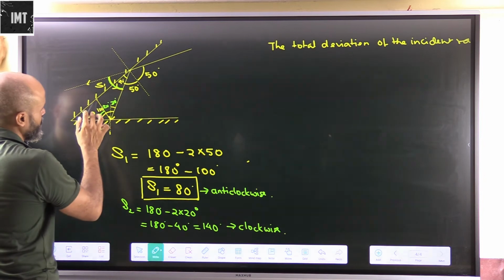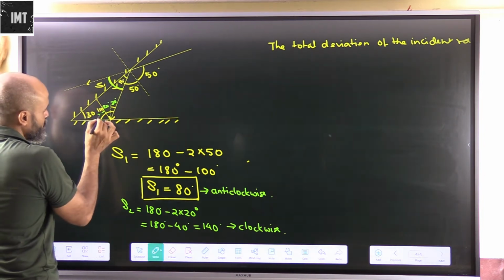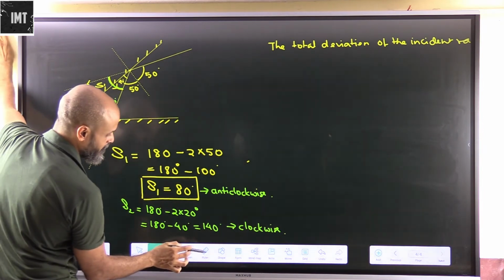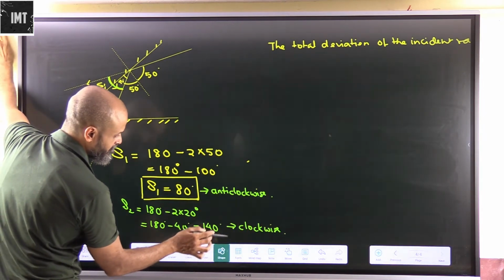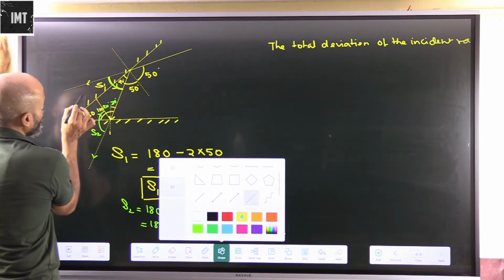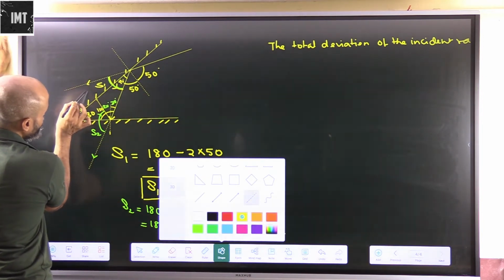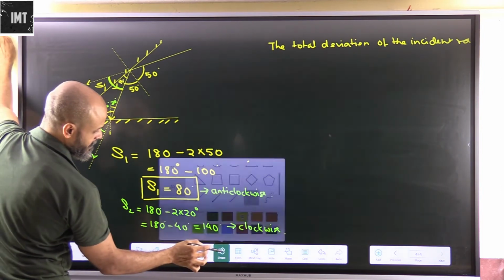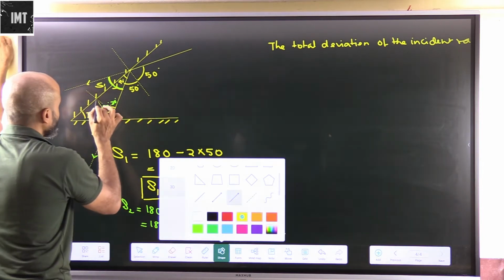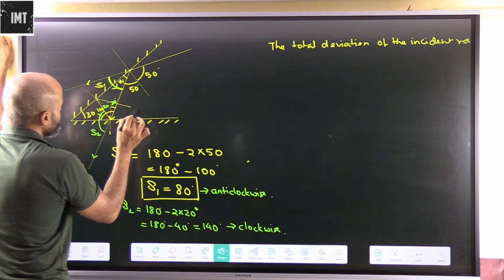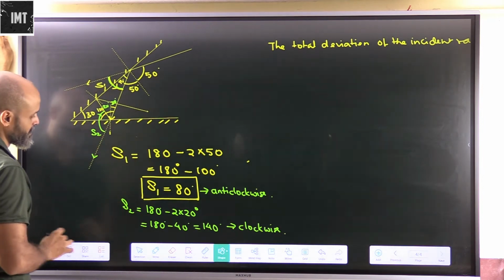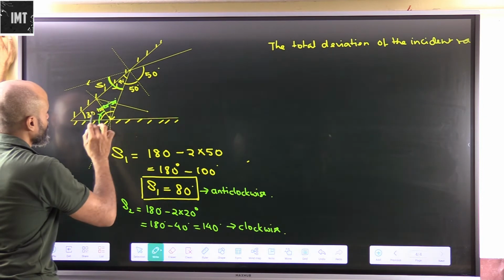Now let's come to this one. If I draw a normal on this surface, this is the ray which will get reflected from here.